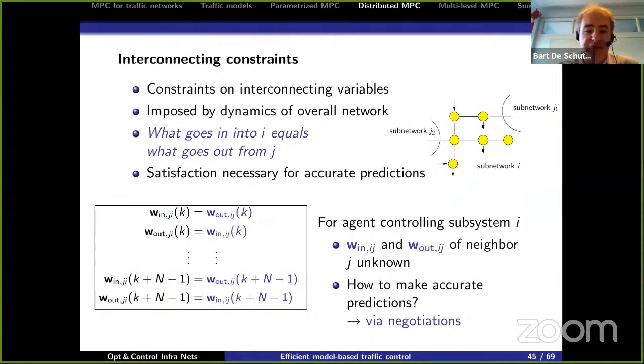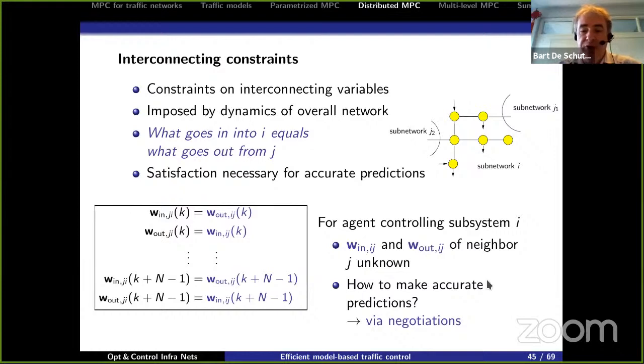And this is done as follows. So we consider the optimization problems for the local agents, but we want to make sure that the input that agent I gets from agent J would match the output from J to I. And so in general, you want these equalities to hold, but you don't want to impose them directly in your optimization problem, because then you couple all the optimization problems and you create a centralized optimization problem.